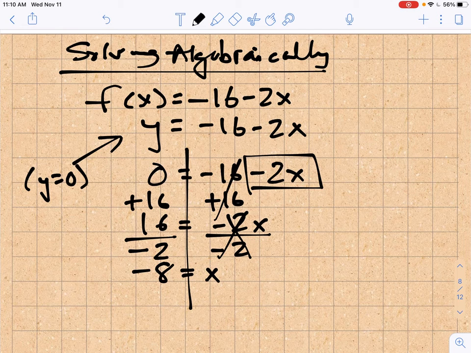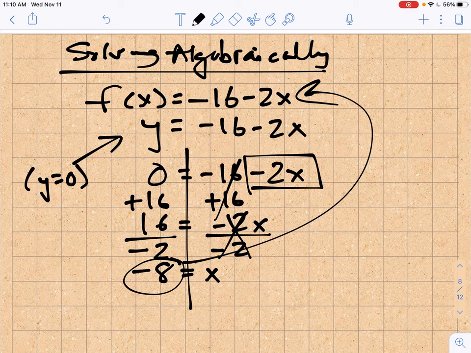If I did this right, I can take this number and put it back in here, and it should work out. So I want this side to be 0, and then negative 16 minus 2 times negative 8. Well, 2 times negative 8 gives me negative 16, and it's negative 2 times negative 8, so that actually makes it positive.